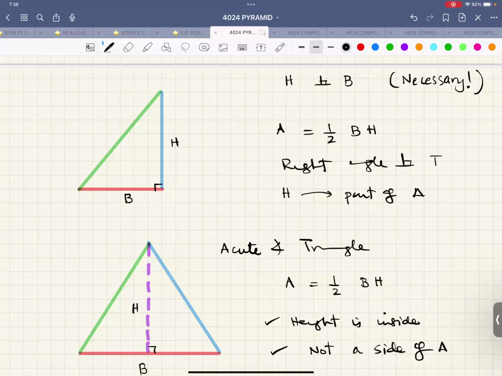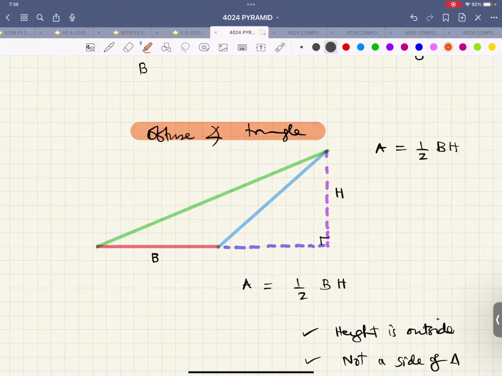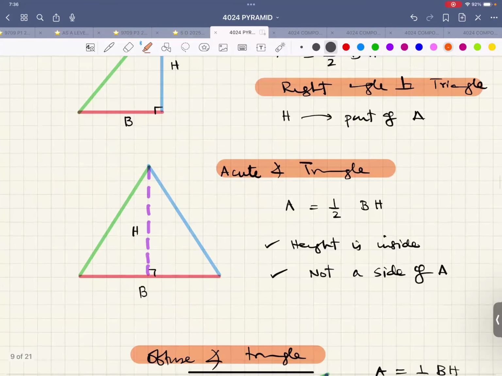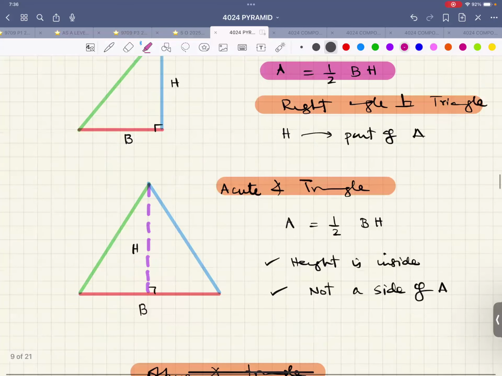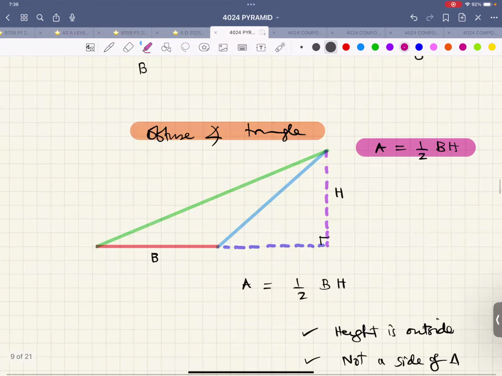Right angle triangle. So whether we are dealing with a right angle triangle, an acute angle triangle, or an obtuse angle triangle, it is necessary that height and base are perpendicular. The formula is the same. Area is half base into height. A lot of people are confused with this.